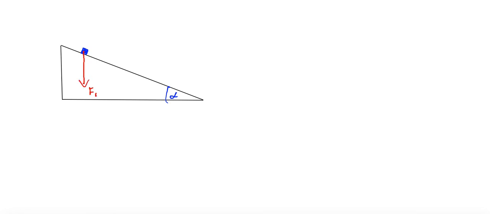Okay, so to sum up, if you have an object which is placed on the slope, which makes an angle alpha with the horizontal, then this object experiences two forces: gravitational force acting vertically downwards and normal reaction force from the surface which acts perpendicular to the surface.